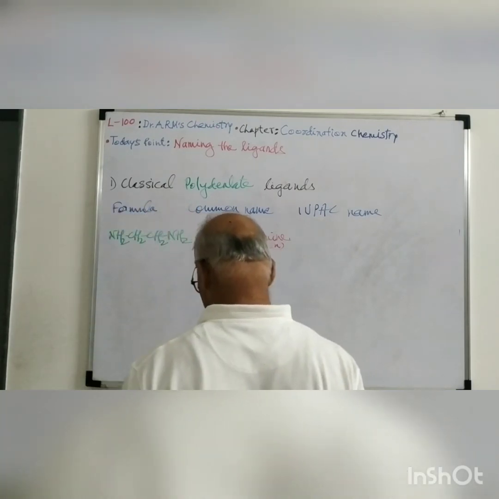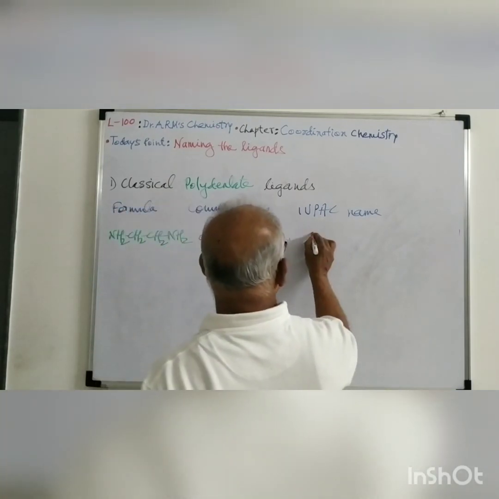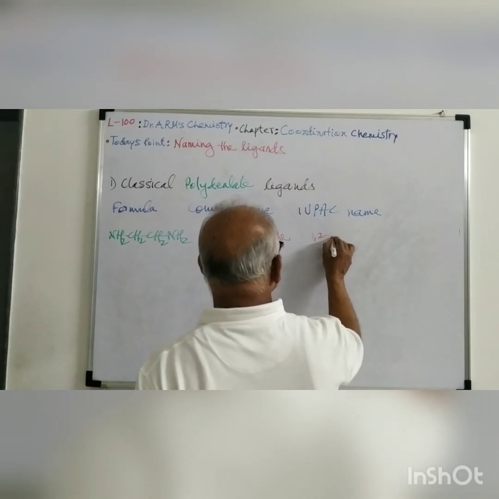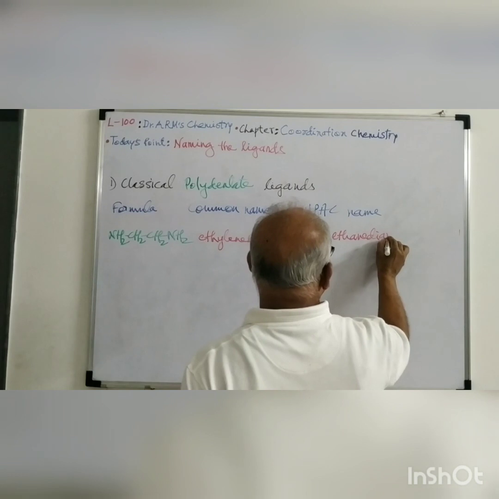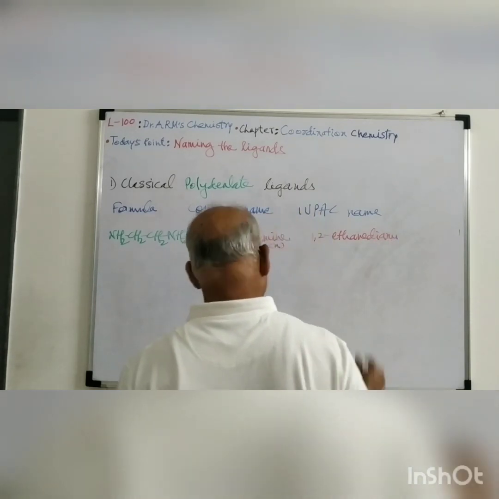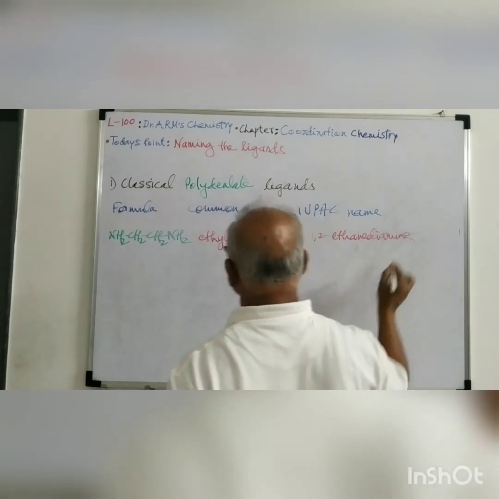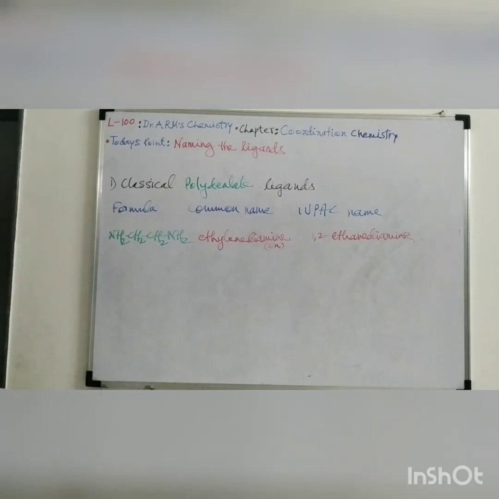And the IUPAC name is 1,2-ethanediamine. Similarly, we can have another example, a tridentate ligand, that is dien.